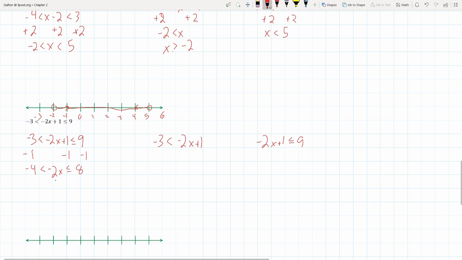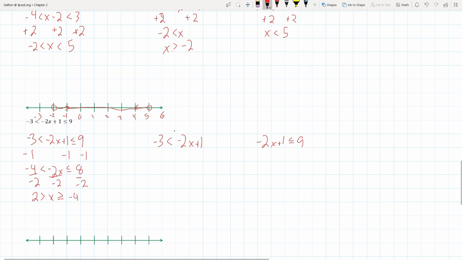Now we need to divide everything by negative 2. If we divide everything by negative 2, we actually have to change our signs. So negative 4 divided by negative 2 is 2. Change my sign, x. 8 divided by negative 2 is negative 4. Change my sign, negative 4.